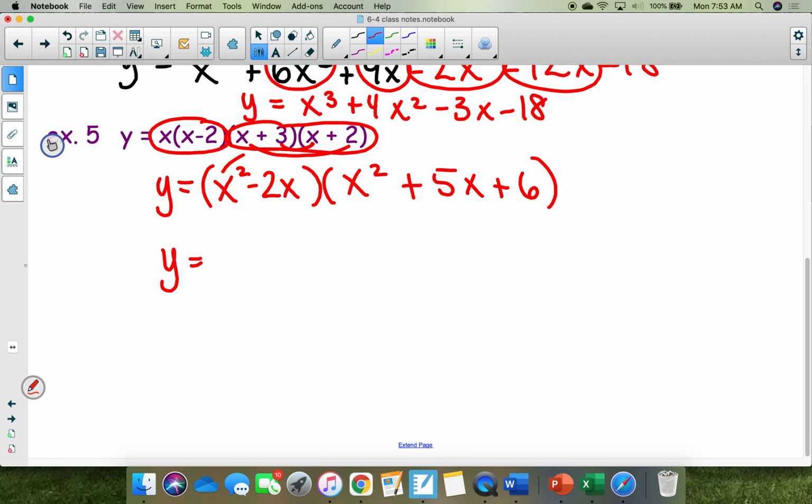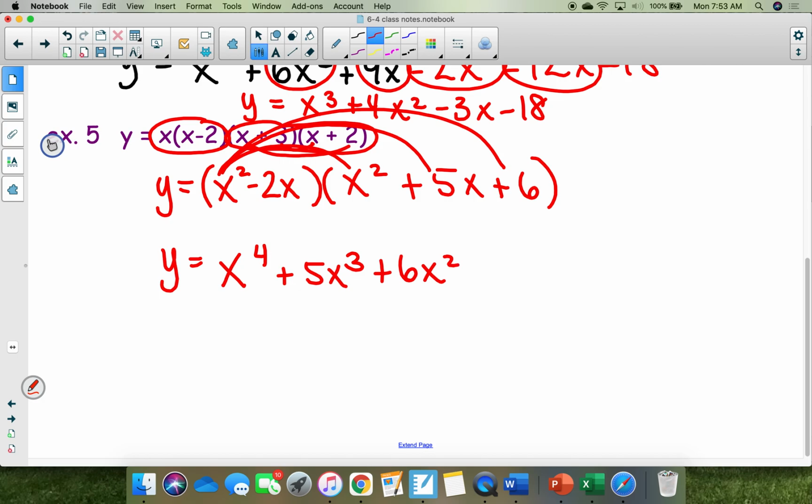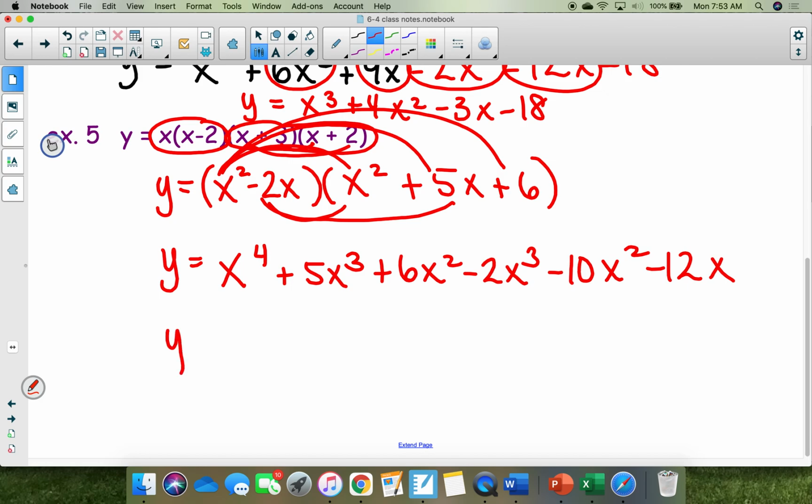Y equals x squared times x squared is x to the 4th. X squared times 5x is 5x to the 3rd. X squared times 6 is 6x squared. -2x to the 3rd. -10x to the 2nd. -12x. Then you have to simplify this.